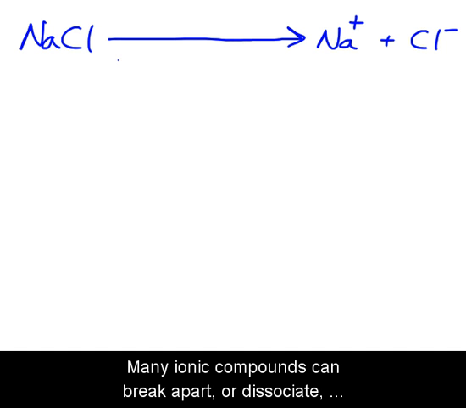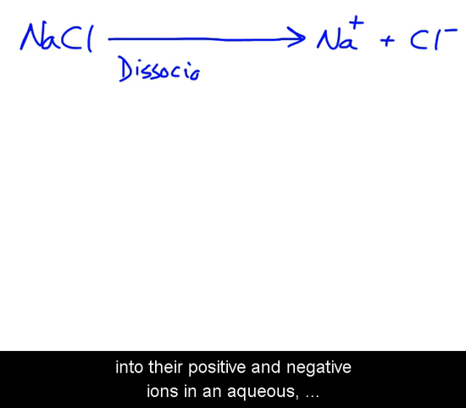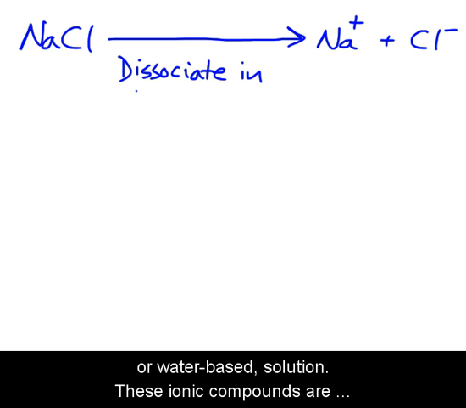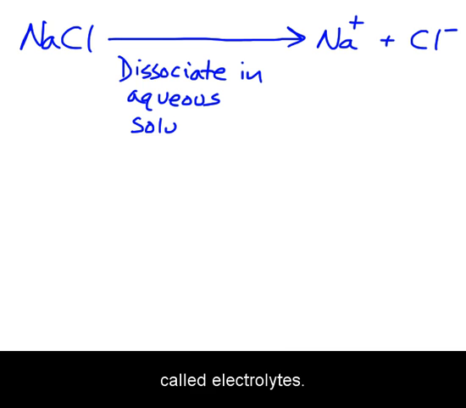Many ionic compounds can break apart or dissociate into their positive and negative ions in an aqueous or water-based solution. These ionic compounds are called electrolytes.